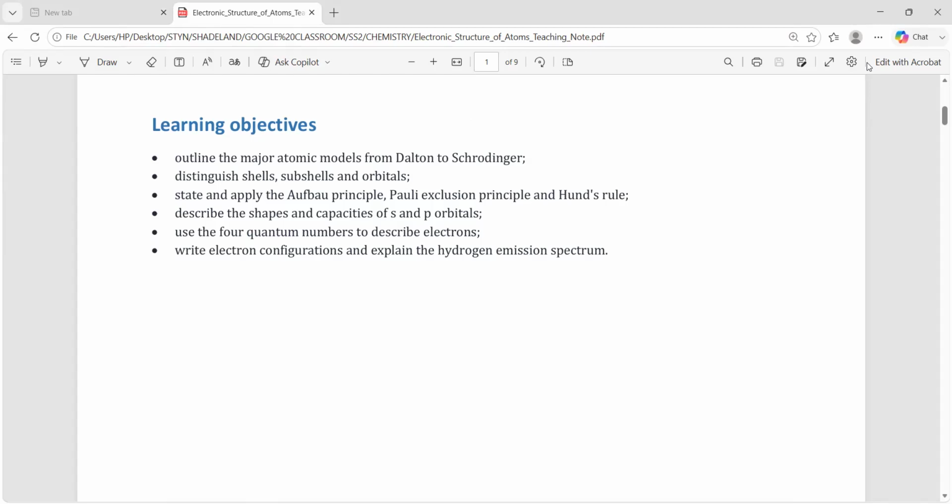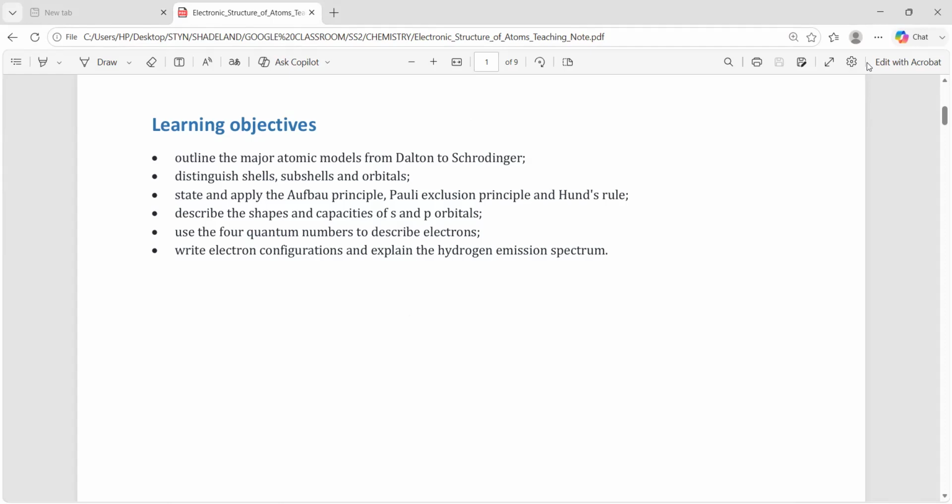What are you supposed to have, or the package you should have at the end of this class? You should be able to outline the major atomic models from Dalton to Schrodinger, just like I have stated. Then you should be able to distinguish shells, subshells, and orbitals.